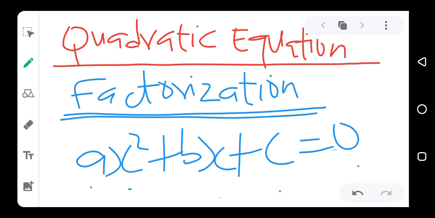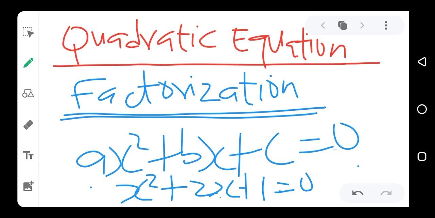So if you have x squared plus 2x plus 1 is equal to 0, this is a simple quadratic equation because the coefficient of x squared is 1, that is, a is 1 here. If a is equal to 1, we don't usually write it. So we don't write 1x squared. When a is 1, we usually remove it. This is a simple quadratic equation.